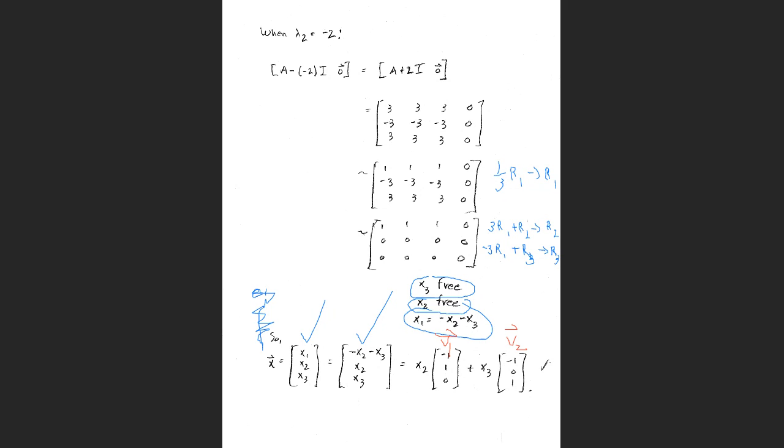So we now have a basis for our second eigenspace. The basis is v1 and v2.